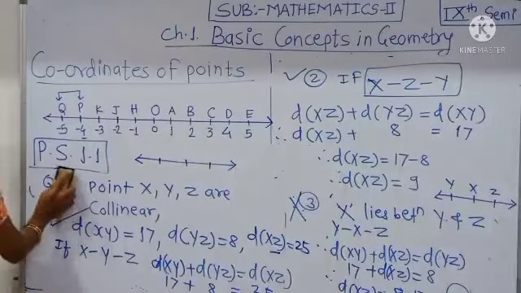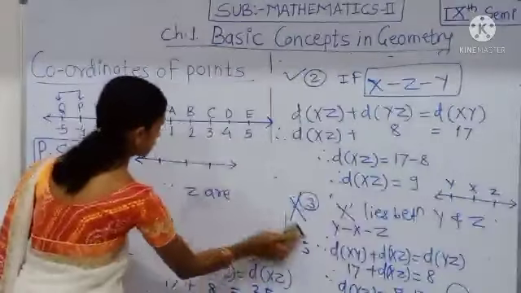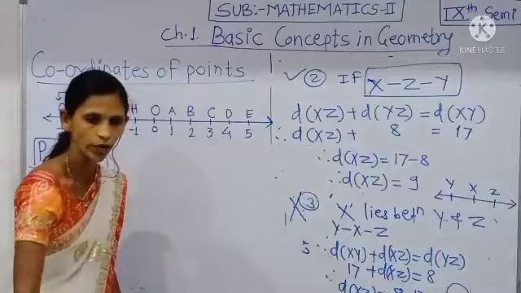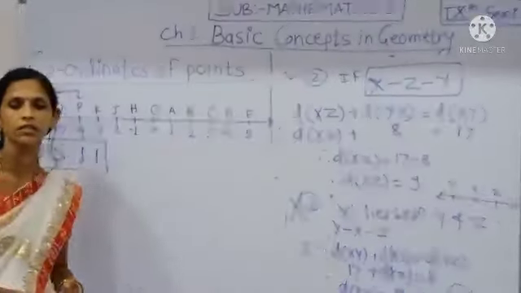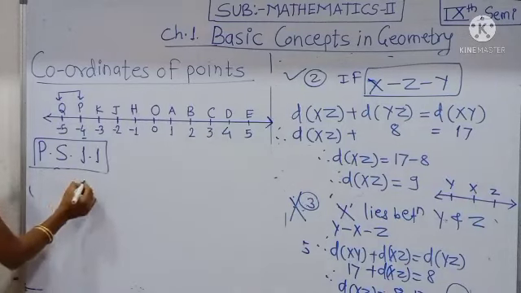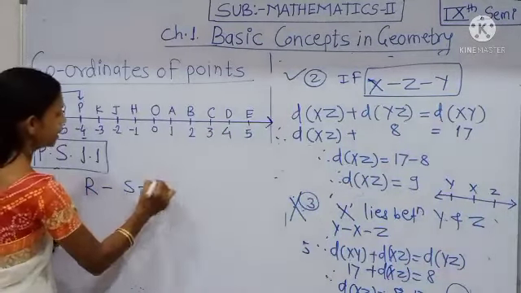Then see here example number 6, in which the points R, S, T are given here, and R-S-T.